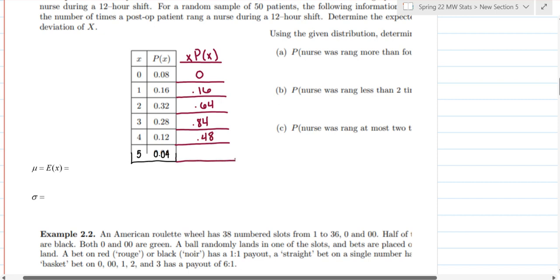And 5 times 0.04, I think, is 0.20. Let me check. Yeah, 0.20.